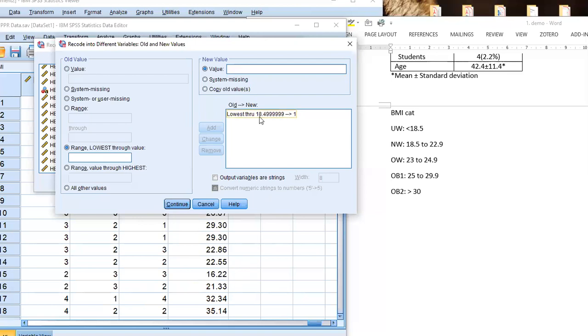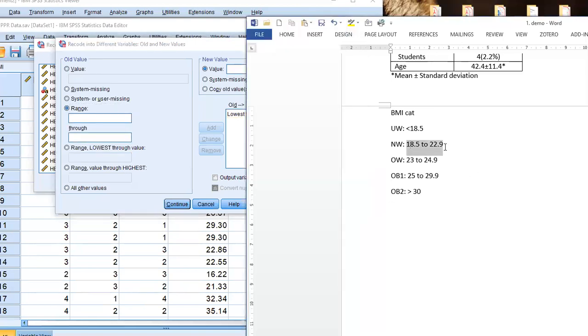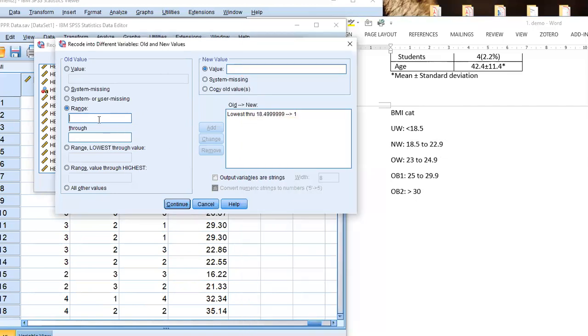Next, range. Look at the next one, 18.5 to 22.9. So 18.5 inclusive to 22.9 inclusive will be number 2. For example, 22 goes into number 2.